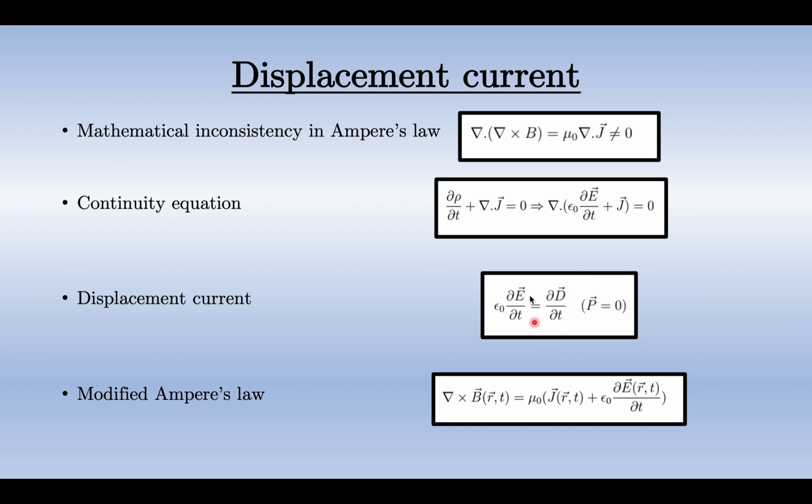Taking this correction term into account, we get the modified Ampere's law, which is the curl of the magnetic field equals mu naught j plus mu naught epsilon naught del E by del t. So this is the final corrected form of the Maxwell-Ampere law. These are some of the topics which are important in displacement current and electromagnetic induction. I hope this was helpful. Thank you.